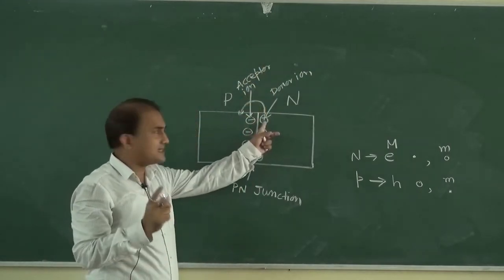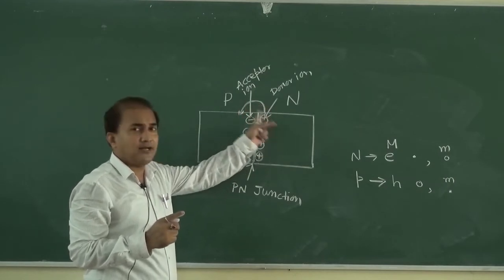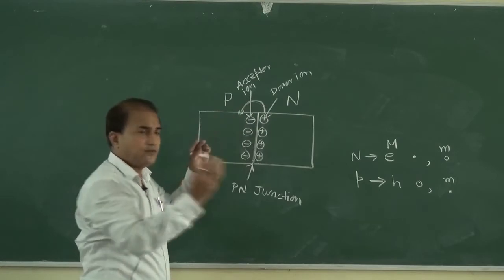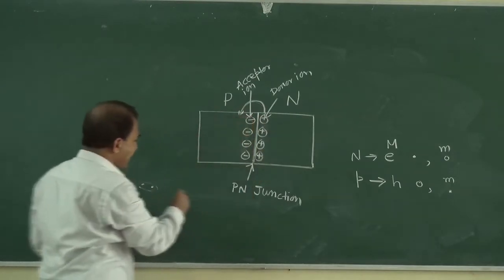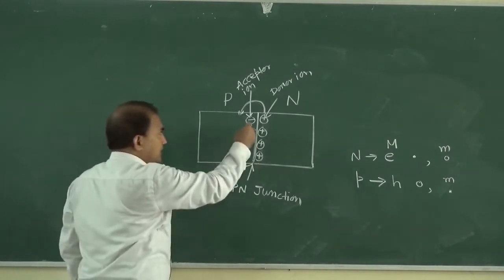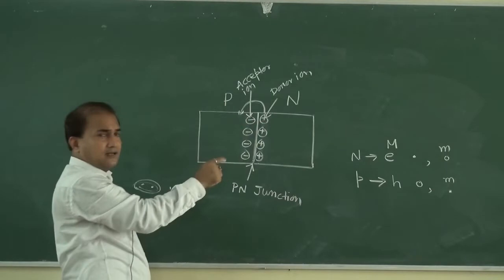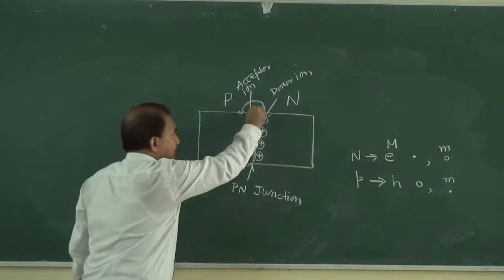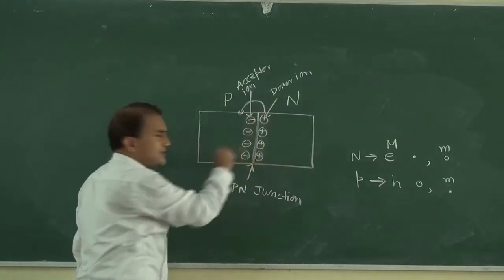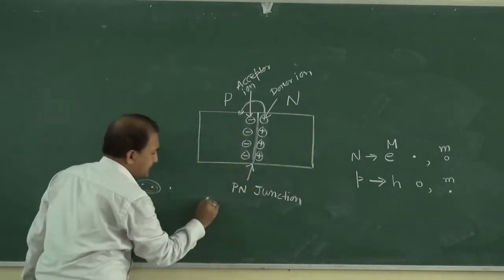At the start, electrons try to move from n side to p side, and after combining electron and hole, these fixed charges are found near the junction. These are static in nature.